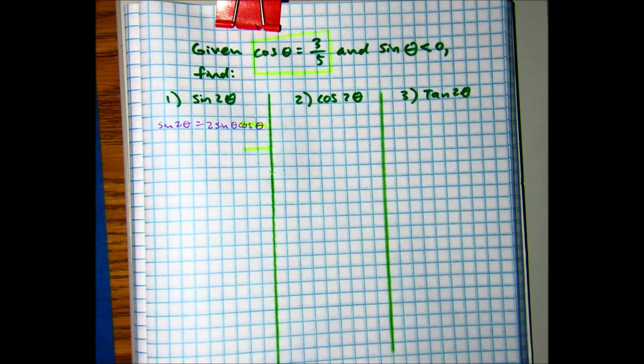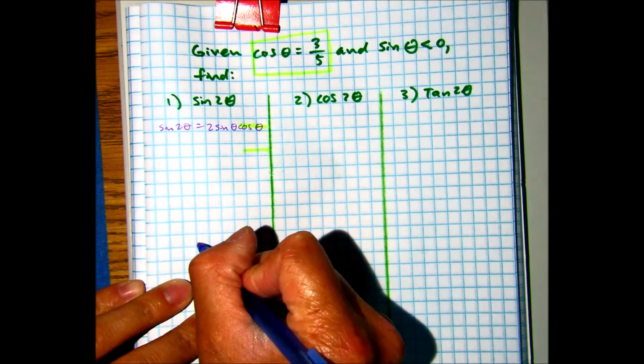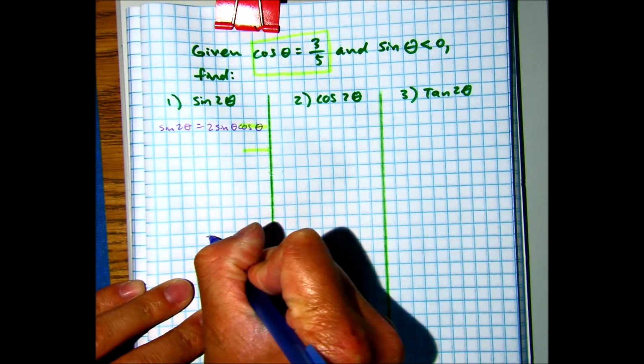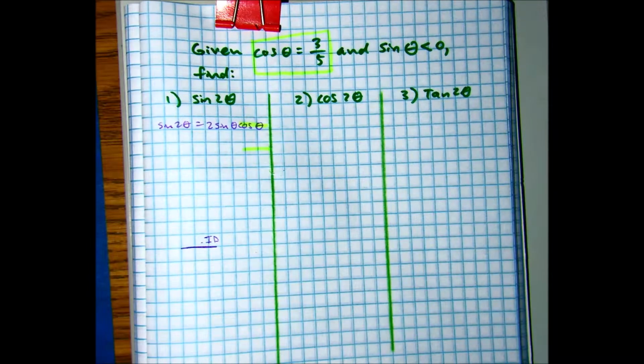With your partner, talk about an identity we can use to find sine given cosine. 20 seconds. We're looking for one. Oh, we can use a co-function identity.